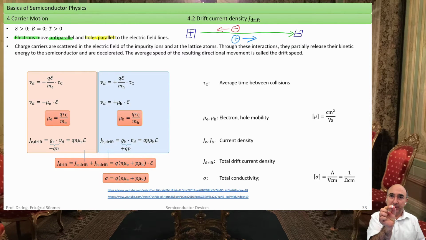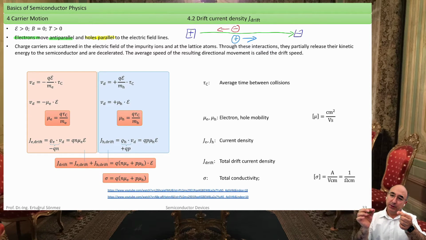If this electron accelerates and this movement is pushed into another direction, this electron is scattered. There are basically two mechanisms which promote this scattering. First, the single atoms in the crystal.